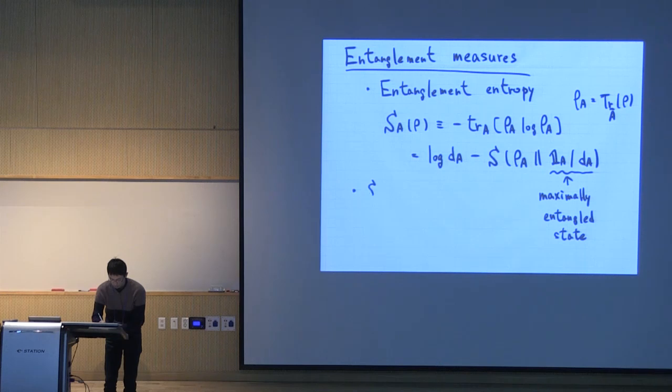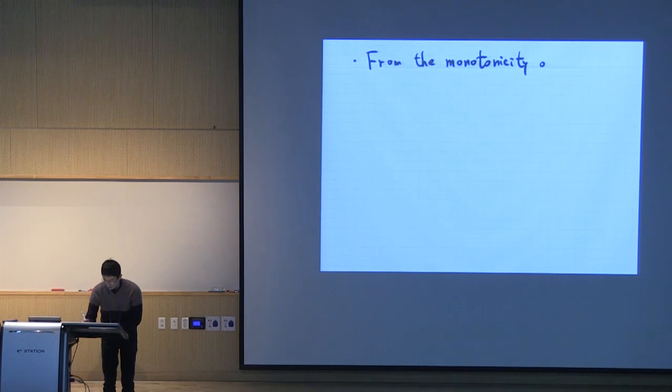is the so-called strong subadditivity. Maybe I should use the other page. From the monotonicity of the relative entropy, you can derive the so-called strong subadditivity.